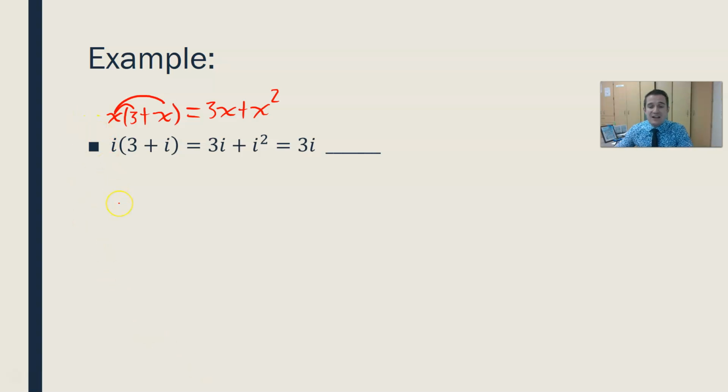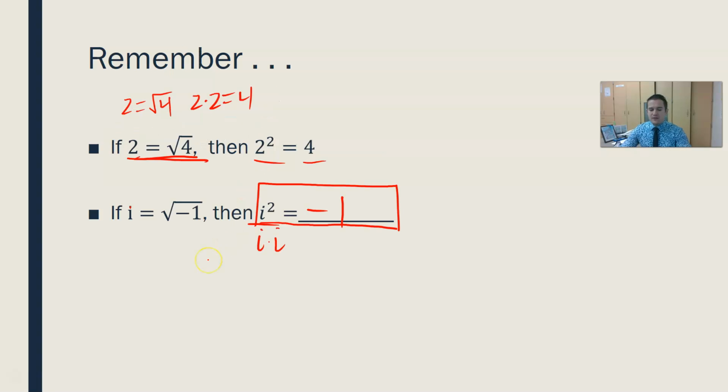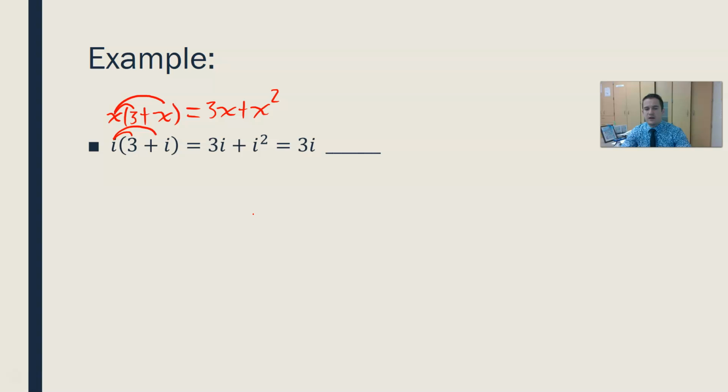When I have an imaginary number, it behaves a similar way. I multiply this i into the parentheses here, and I get i times 3, which is 3i, and i times i, which is i squared. When we were talking about polynomials, I'd be done here. That would be it, 3i plus i squared. However, remember on the previous slide I told you that i squared is really the same as -1.